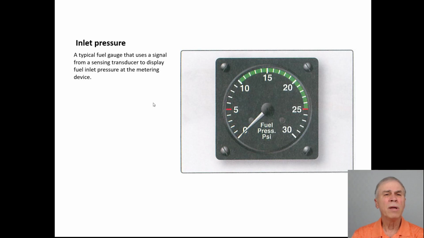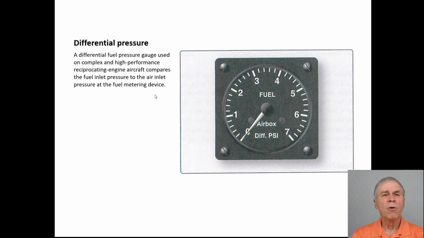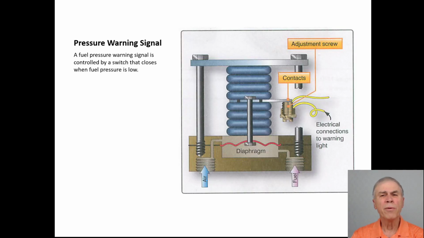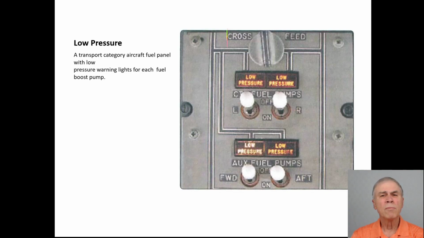Okay, nothing new here, or here. A little bit of a review of what we've already looked at, it looks like. This one looks new. Transport category aircraft fuel panel with low pressure warning lights for each of the fuel boost pumps.